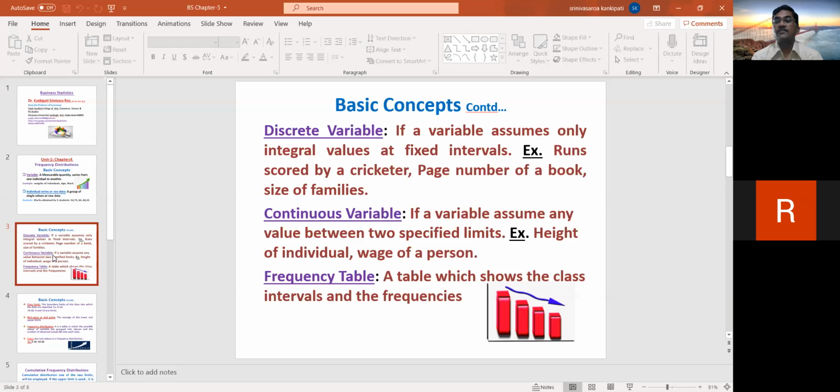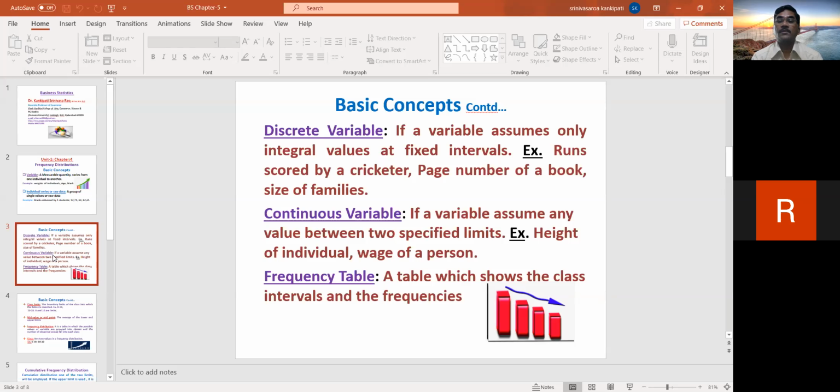0 to 10 marks is one group. How many students belong to that particular group? That means 0 will come up to 9. In an exclusive class, up to 9, whoever gets marks from 0 to 9 will be recorded under that group.